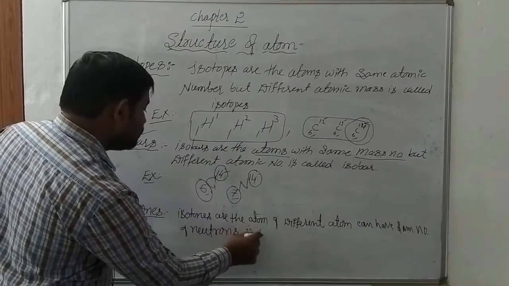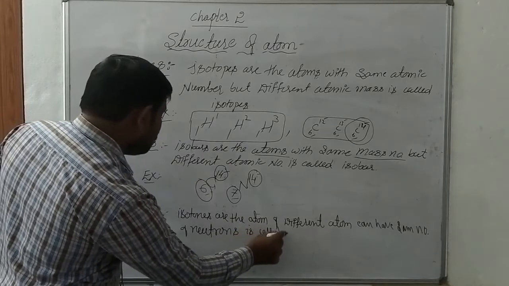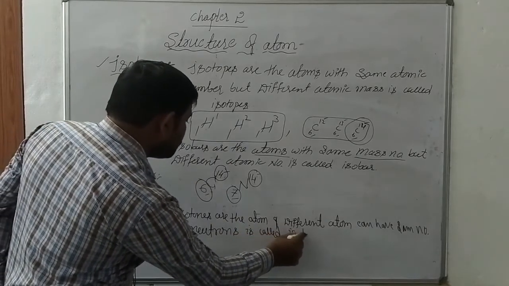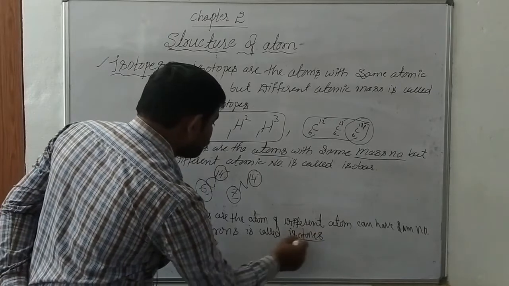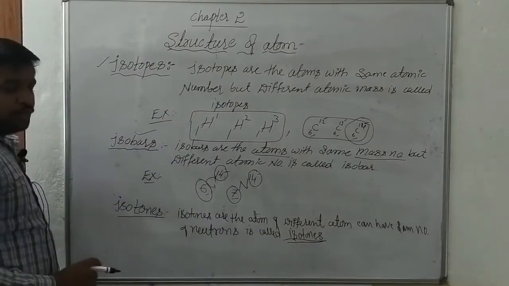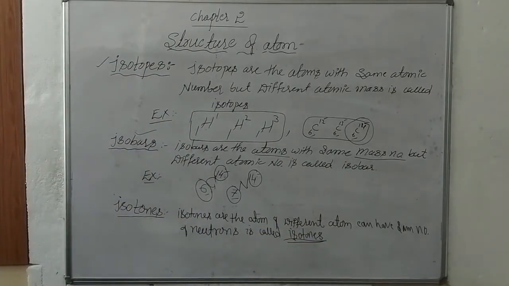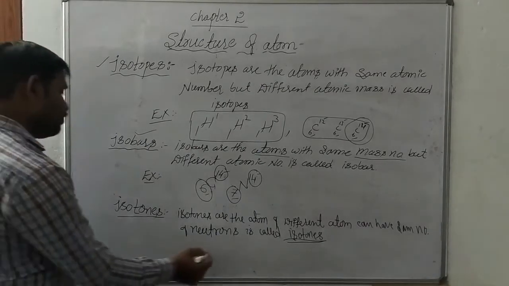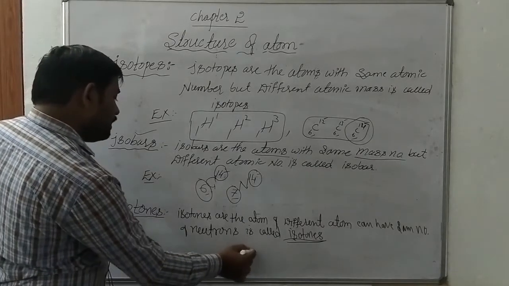So what do you mean by isotones? Isotones are elements having different atomic numbers but the same number of neutrons. The example for isotones is oxygen and nitrogen.